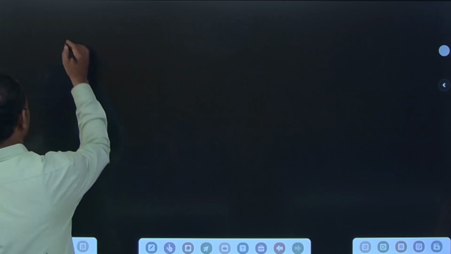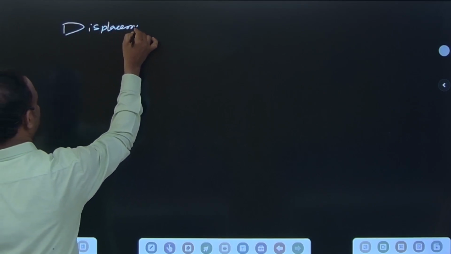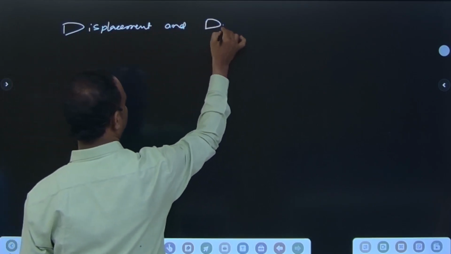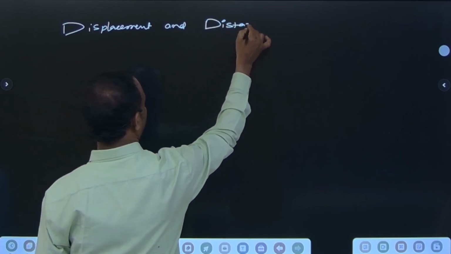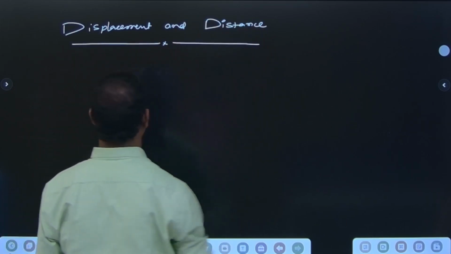And what is displacement? Displacement and distance. What is displacement?